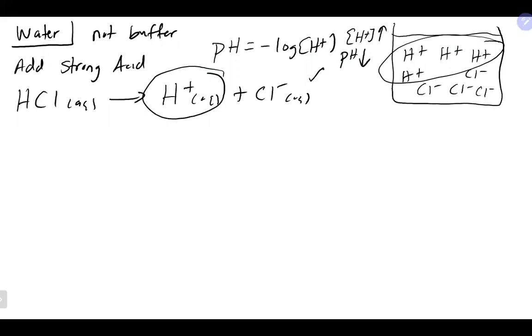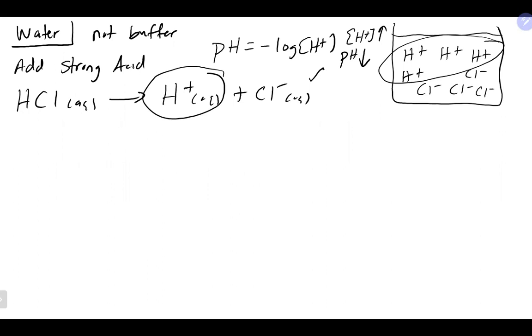So we will get a really big jump in the pH when we add something like hydrochloric acid to water, because it generates a lot of free H plus, and that makes the pH go down a lot. So in this case, it may go from a pH of 5 down to like a pH of 1, because you created a lot of H plus really, really quickly. And that obviously is not a buffer, so it wasn't able to maintain its pH.